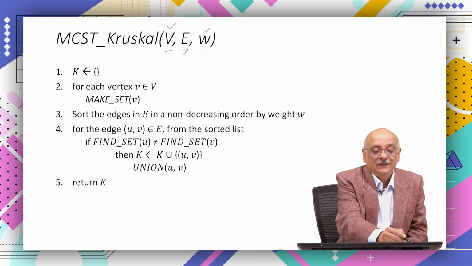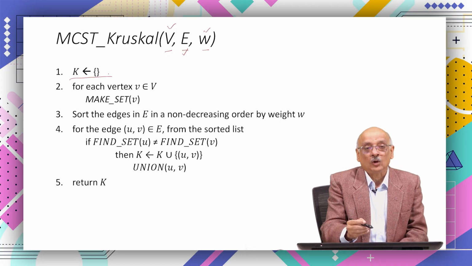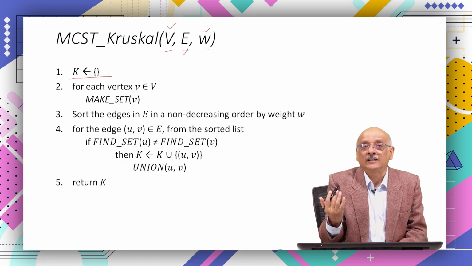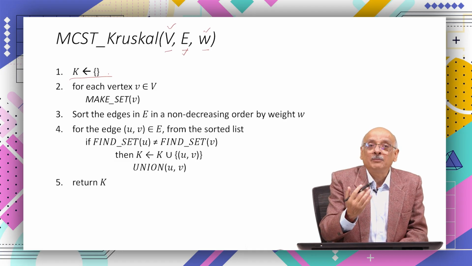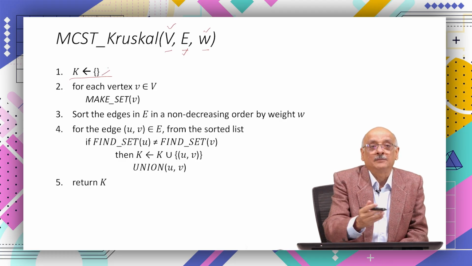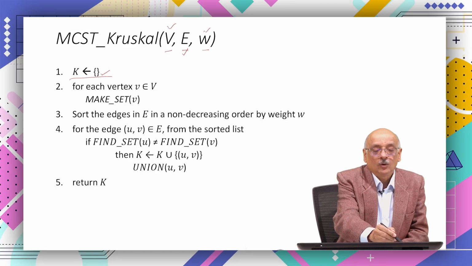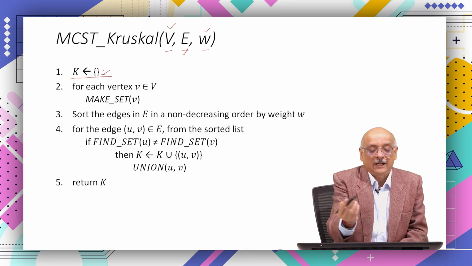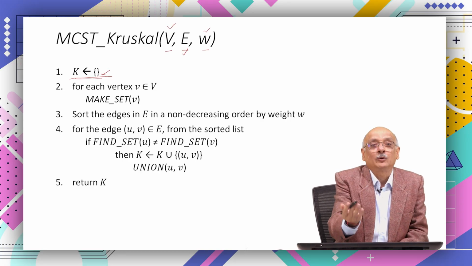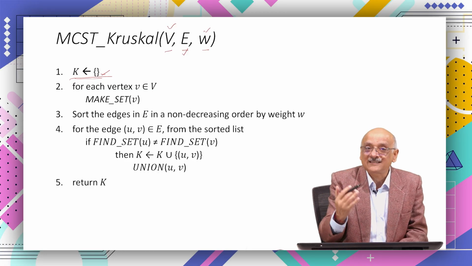And we start with the set K, which is a set of edges which has been selected for the minimum cost spanning tree in this Kruskal's algorithm. And we initialize it to null, right? That is how we are going to start, because no edge has been selected in the start.